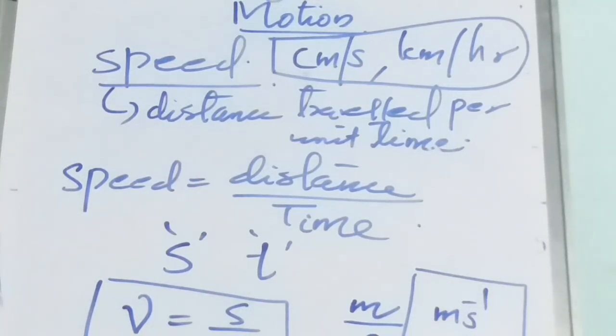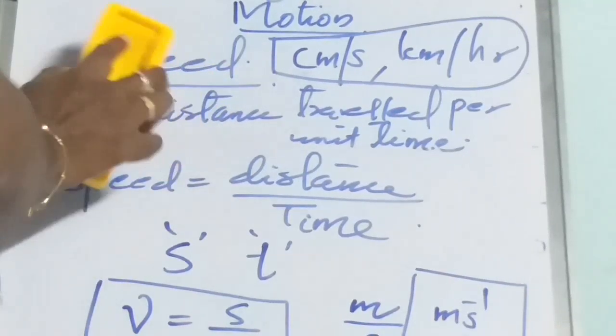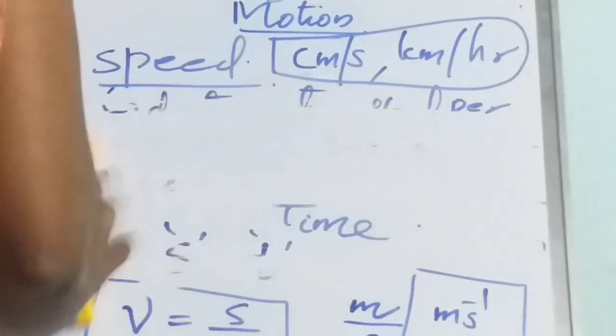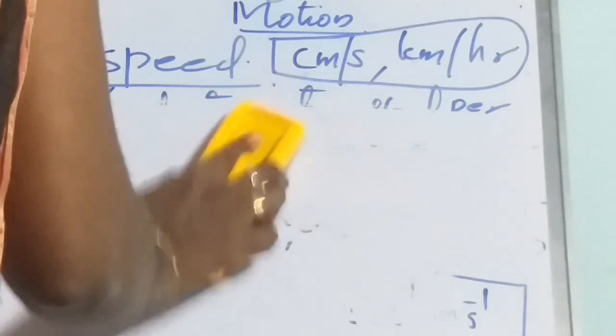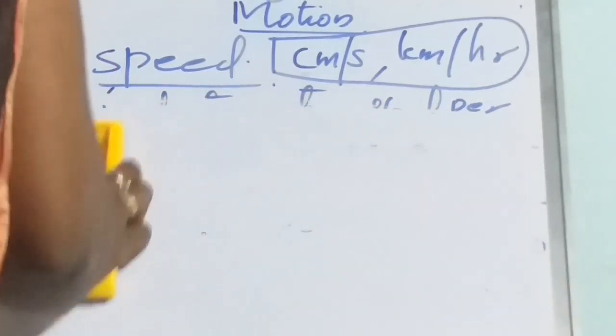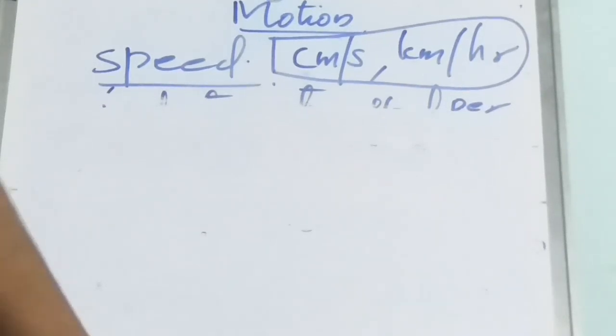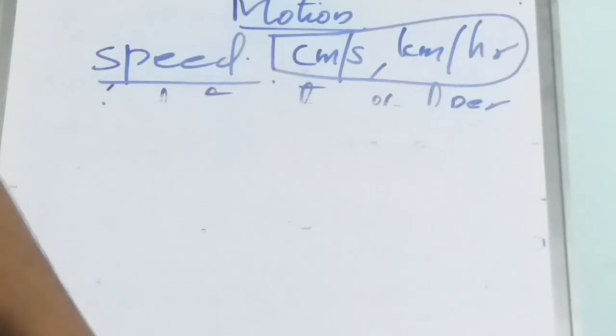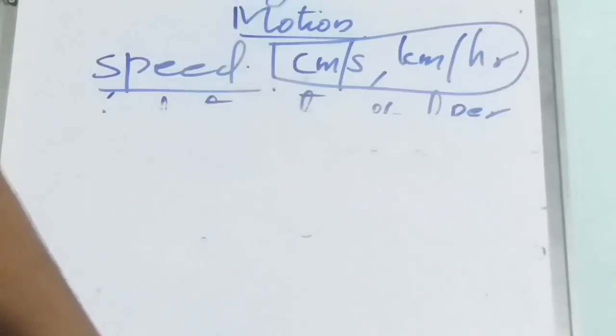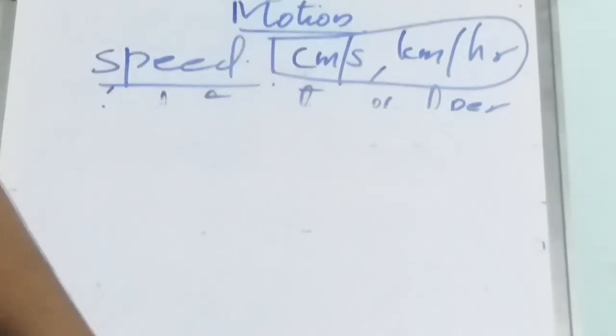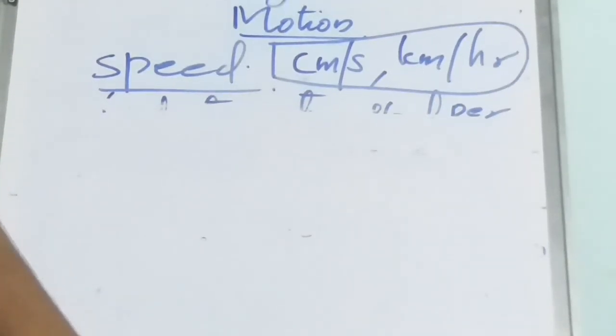Next, the speed of an object need not be a constant. In uniform motion, the speed remains constant because the object covers equal distances in equal intervals of time.